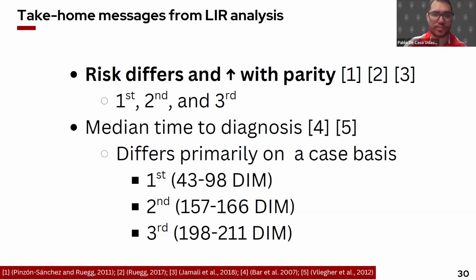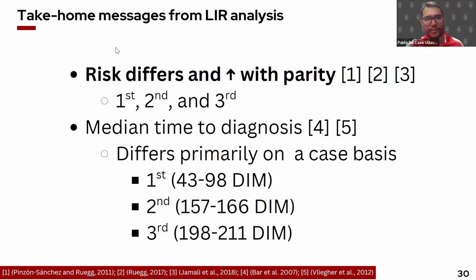So this is something interesting that maybe it's innate to the system that we're going to be doing, but it could also be an explanation of how much we have progressed in terms of genetic selection for mastitis. This was a study that was done around 20 years ago, approximately.